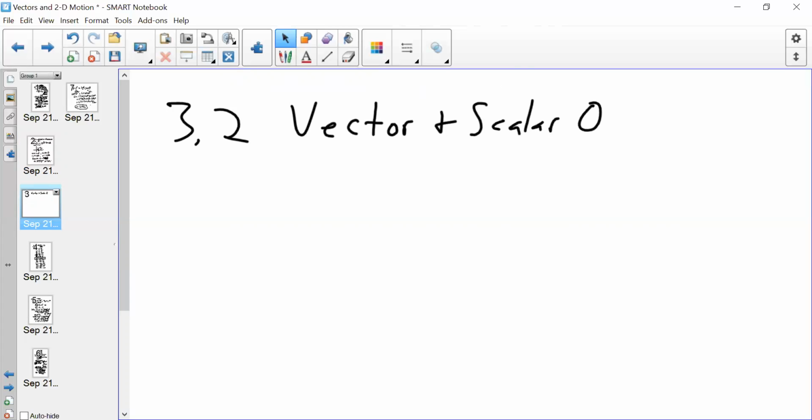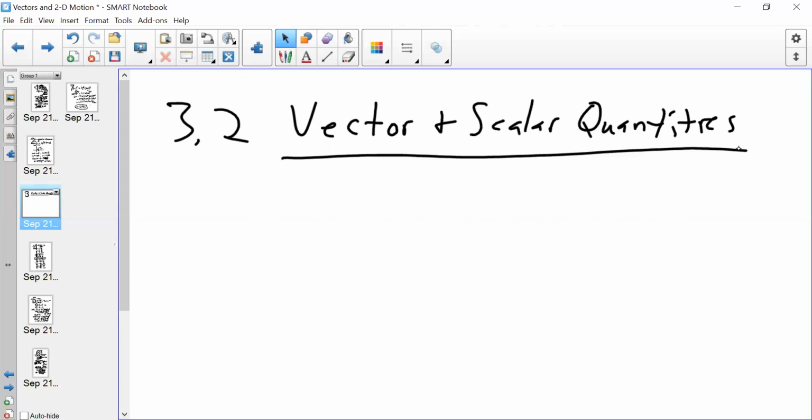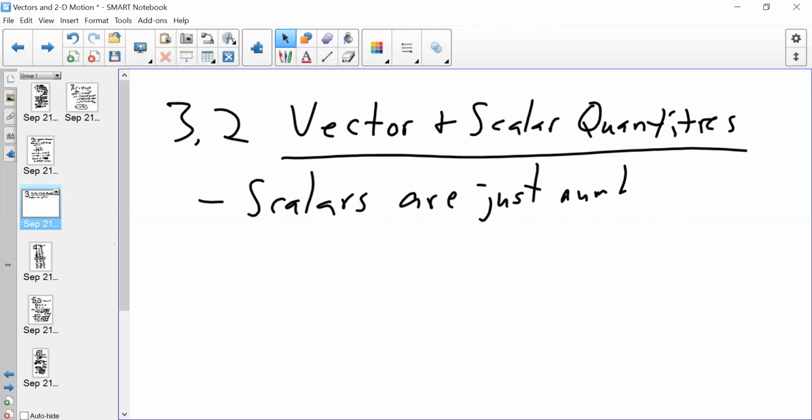So vector and scalar quantities. Know this already. Scalars are just numbers. No direction.